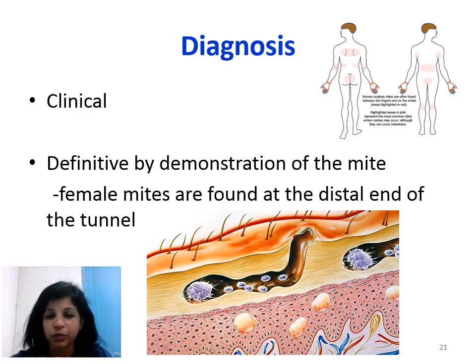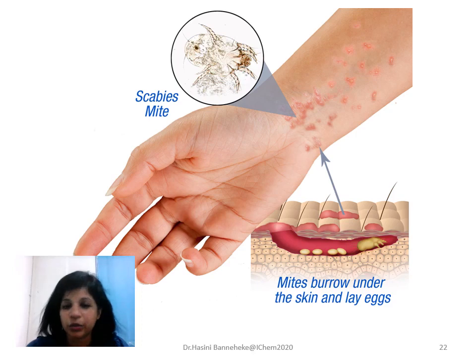They don't go beyond the stratum corneum of the skin. So when you look for the mite, generally the mite is found at the distal end, at the end of the tunnel. So all you have to do is scrape a bit using a needle or scalpel blade tip, and take from the end of the tunnel onto a glass slide and look under the microscope.